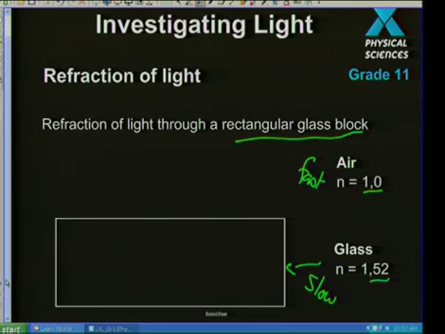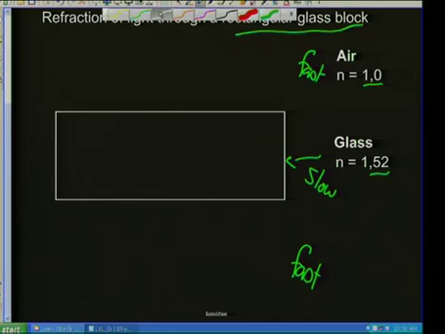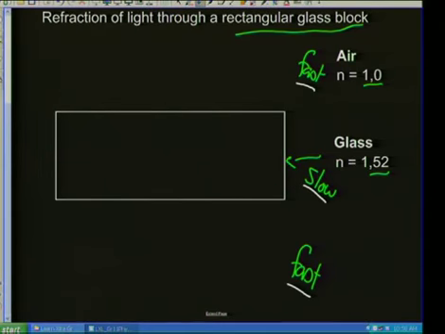So light entering the glass is going to slow down. When it leaves the glass on the other side, it's going to speed up. It's going to be fast. So the light traveling through the block is going to be fast, slow, fast. It's going to, in other words, slow down and then speed up. Make sure that you understand the terminology and that you've got it very clear.